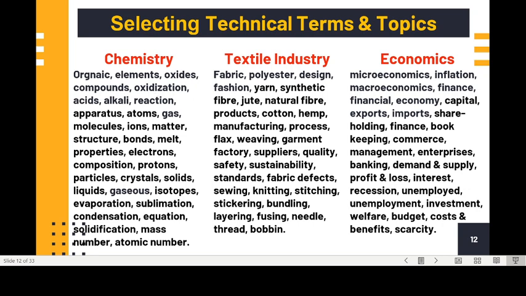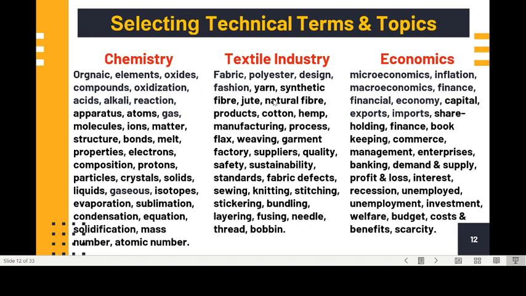I got many, but I selected these: organic elements, oxides, compounds, oxidization, acids, alkali, reaction, apparatus, atoms, gas, molecule, ions, matter, structure, bonds, melt, properties, electrons, composition, protons, particles, crystals, solids, liquids, gaseous, isotopes, evaporation, sublimation, condensation, equation, solidification, mass number, atomic number. I'm sure you know most of these words.